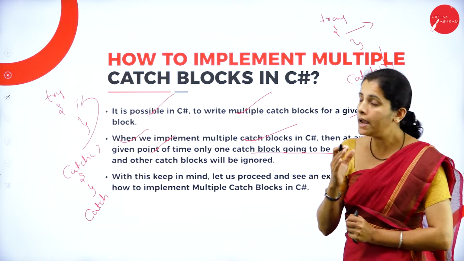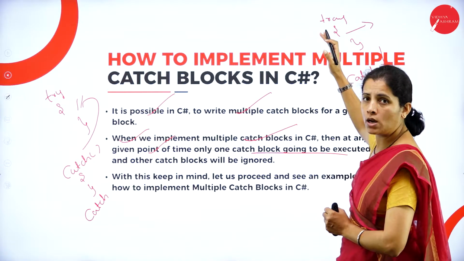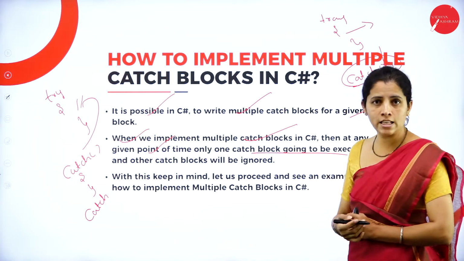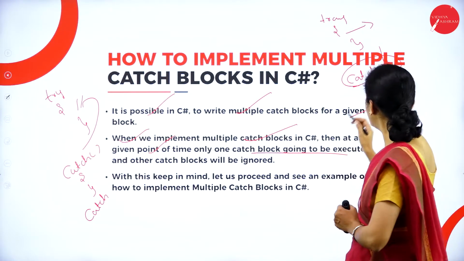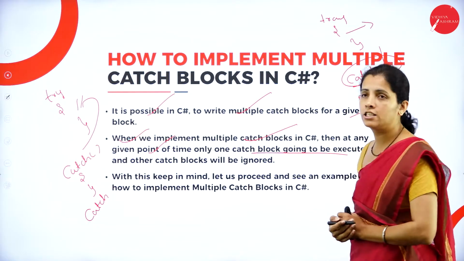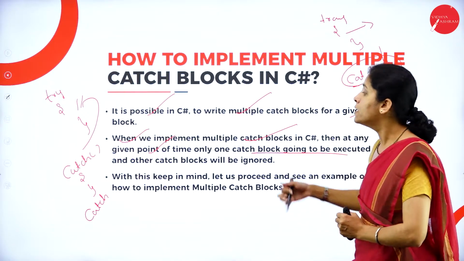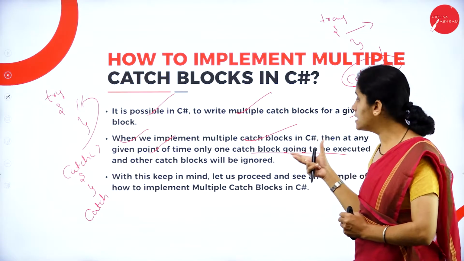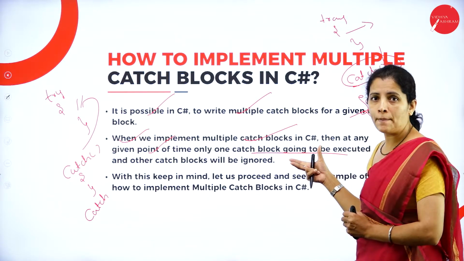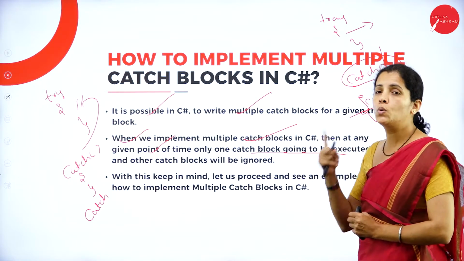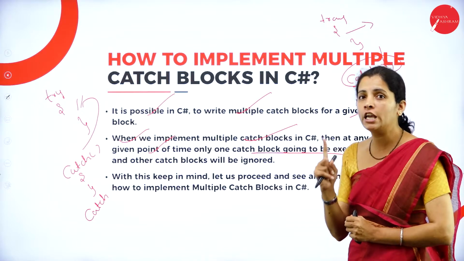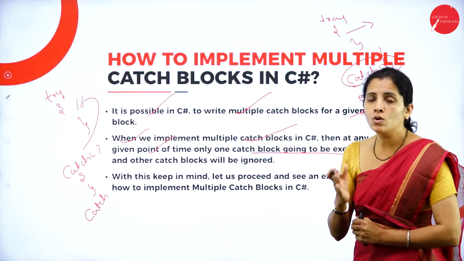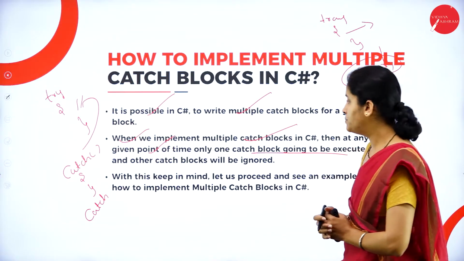When I execute this code, the compiler is going to execute only the first catch block and it's going to ignore the rest of the catch blocks. So when I have multiple catch blocks for a single try, it's going to execute only the corresponding catch block and ignore the rest.